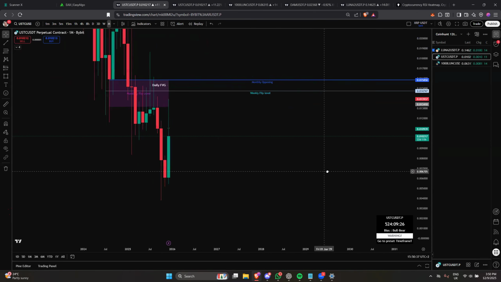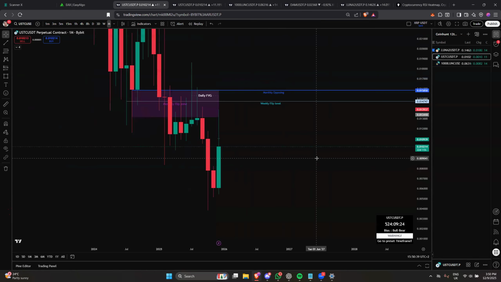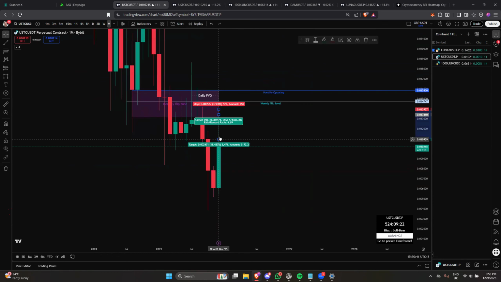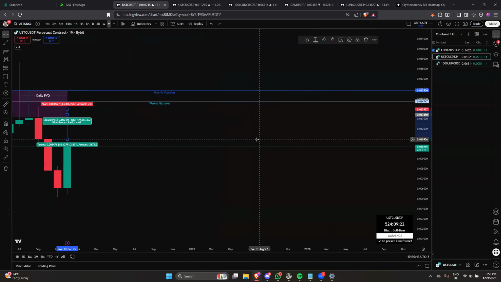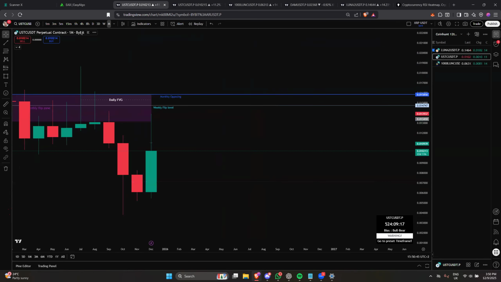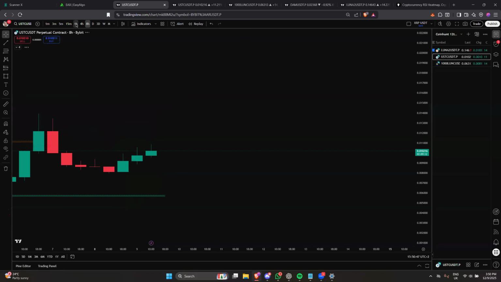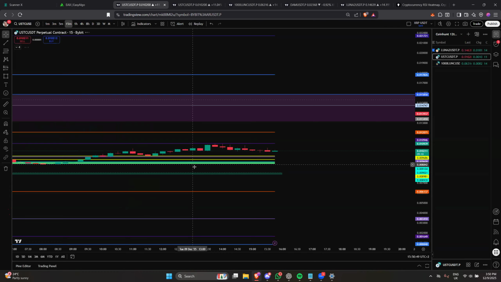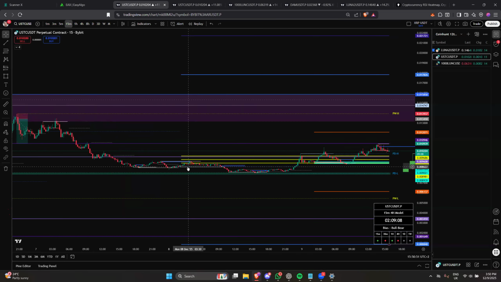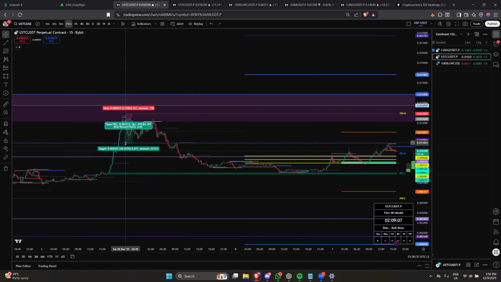Okay. Let's have a look see. I entered this one yesterday. Yeah. So it tapped into this region over here and dropped at a nice entry here.